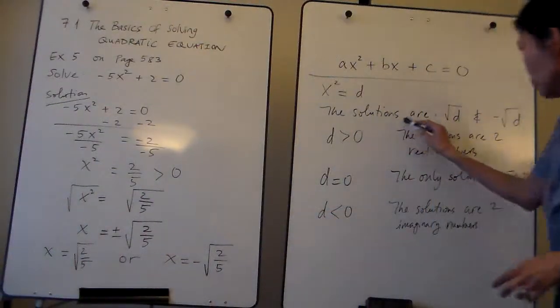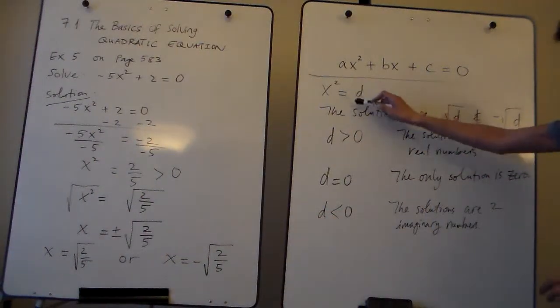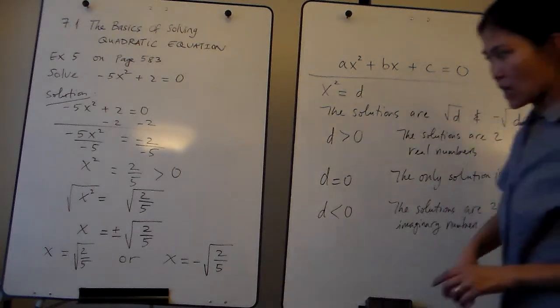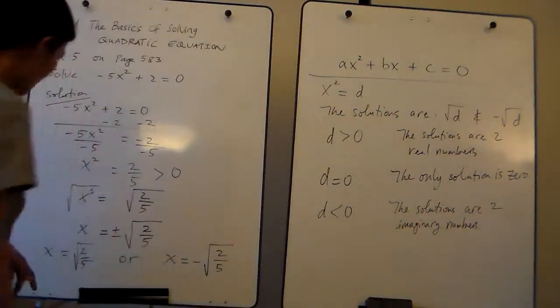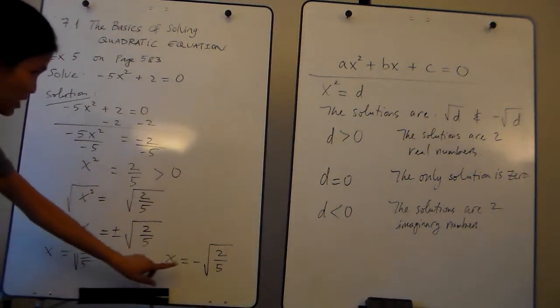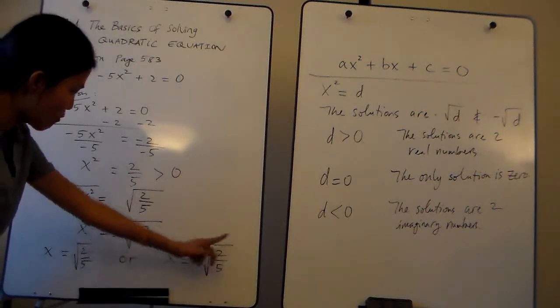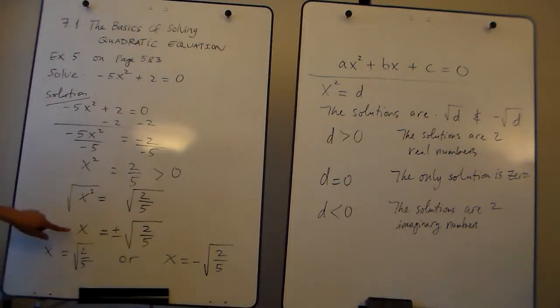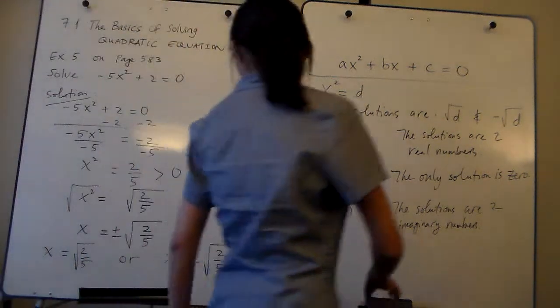Do you see that the solutions are square root of d and negative square root of d? So the solutions are x equal to square root of d, what is d? This one, right? Or x equal to negative square root of d. What is d? D is 2 over 5. So you can write this form, or you can write this form. It's up to you. Okay?